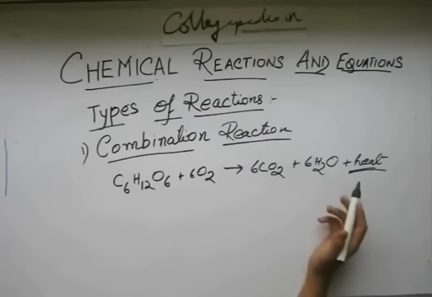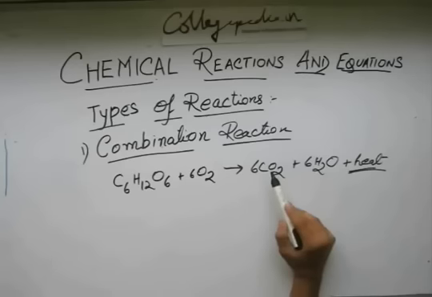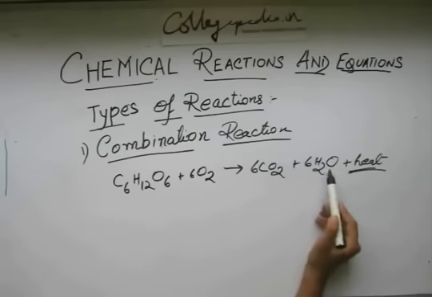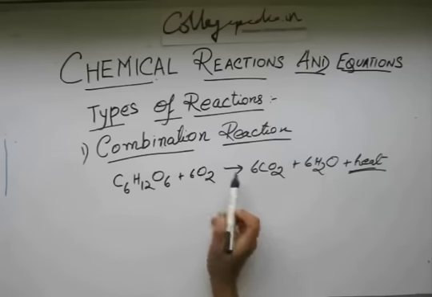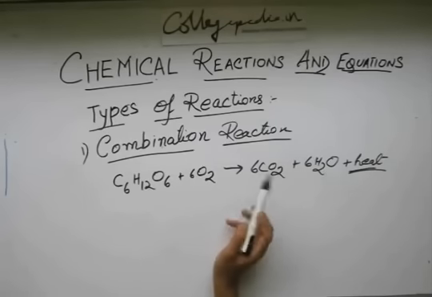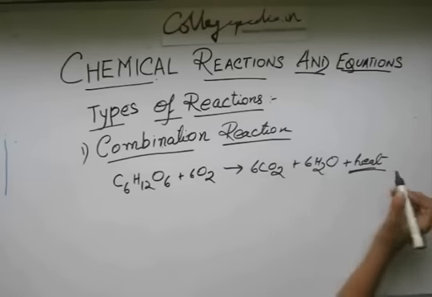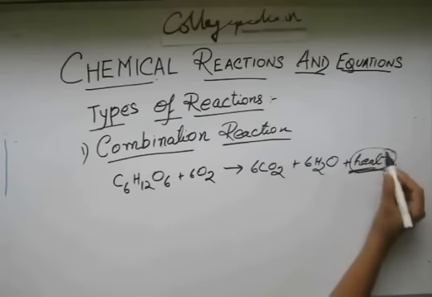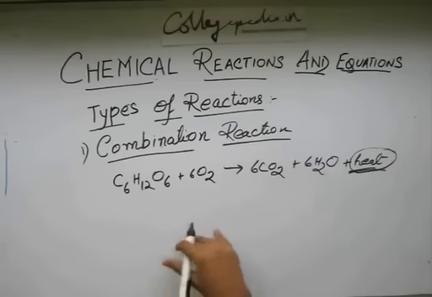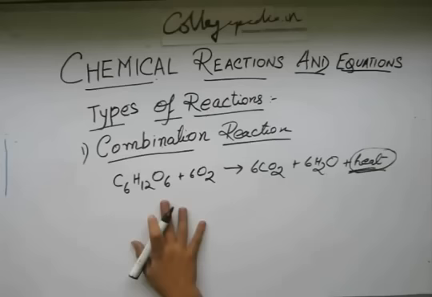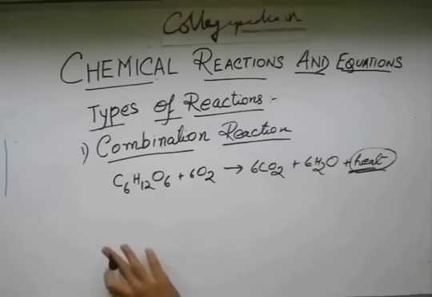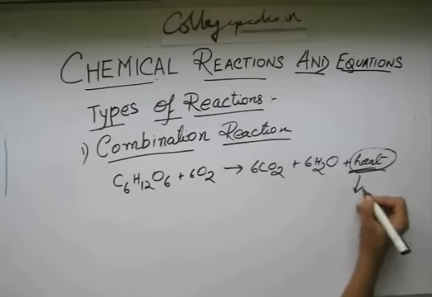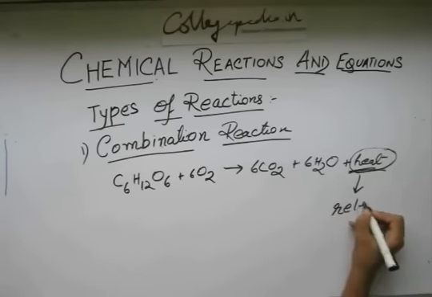So if you have noticed, in photosynthesis these were the reactants and these were the products. In respiration, these are the reactants and these are the products. And this energy, which was taken in the form of sunlight in photosynthesis, in this reaction the same energy is released in the form of heat.